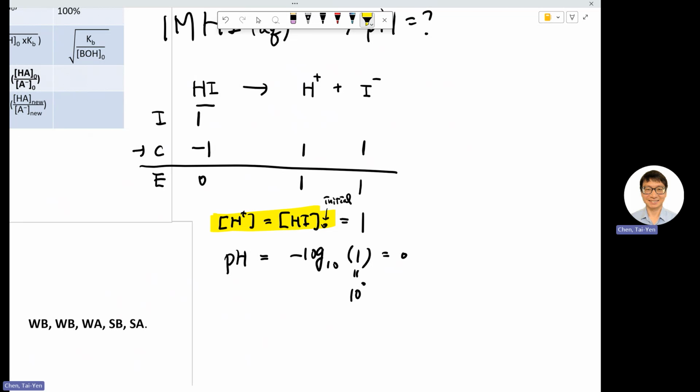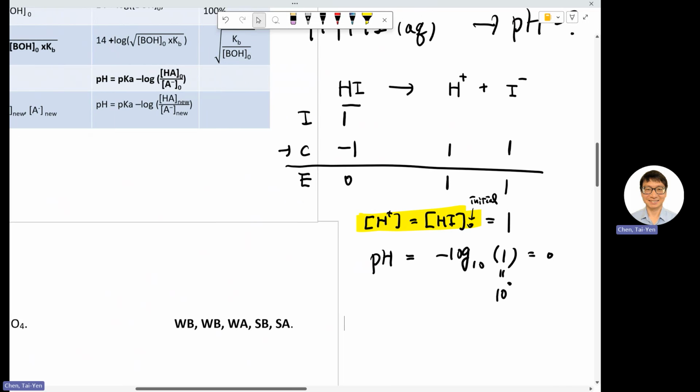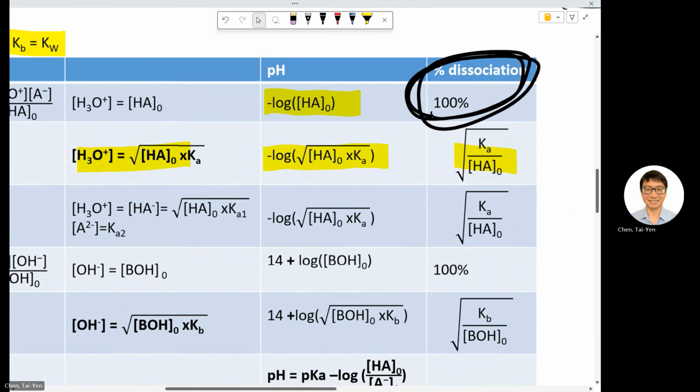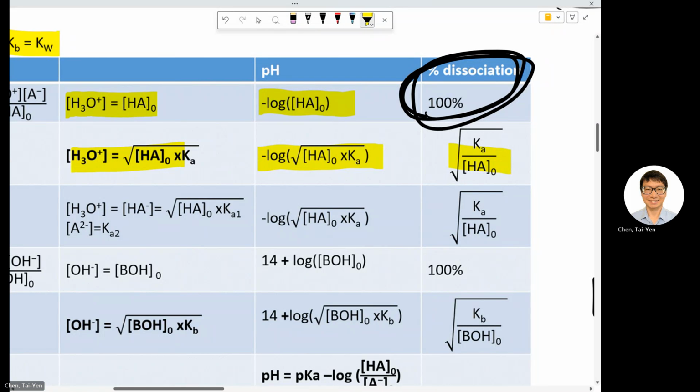For a strong acid, the proton concentration will equal your initial strong acid concentration, right? Therefore, if we go back to our table, see what I put here? The proton concentration, I write H3O+, which is the same as your H+.